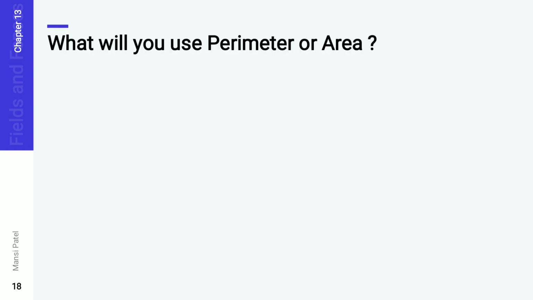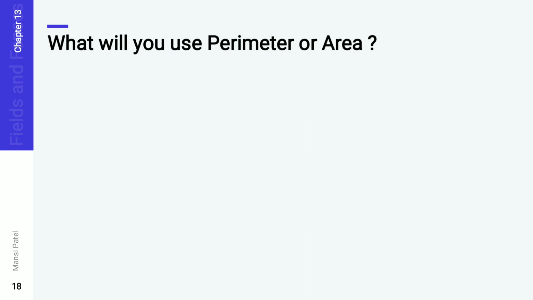Now the new things for you. Here I am giving you some situations, and you have to tell me whether in this situation you find the perimeter or the area. But before giving the answer, you have to remember our previous session, when we find the perimeter and when we find the area.